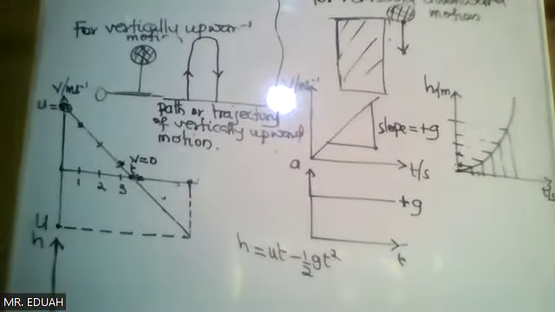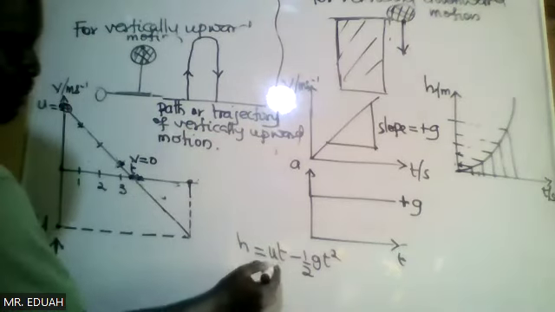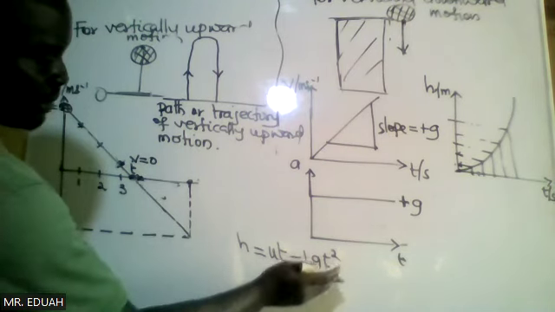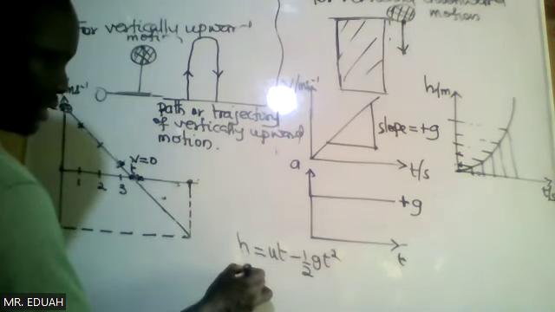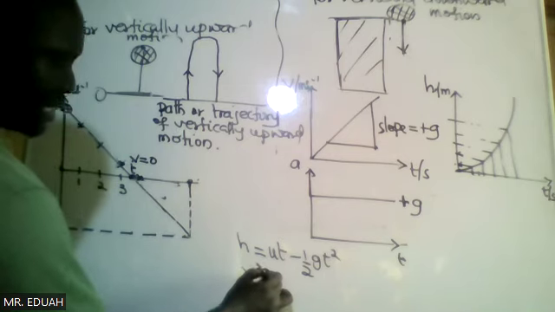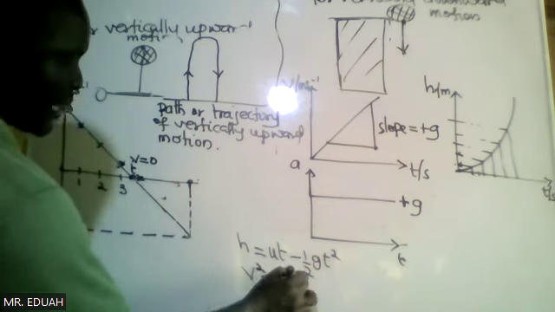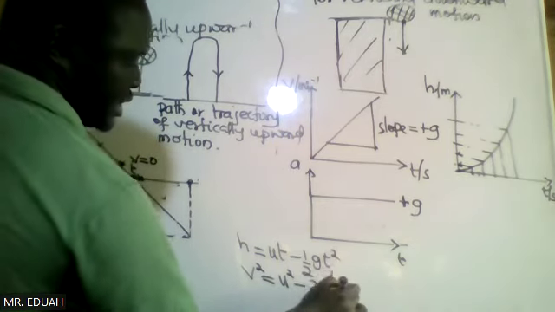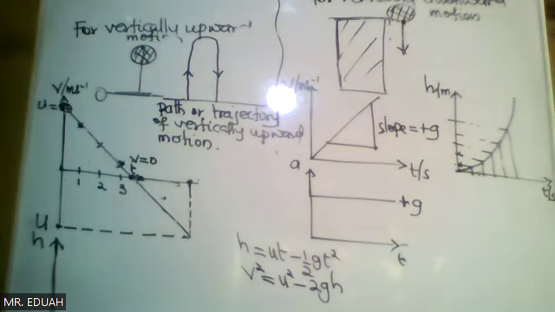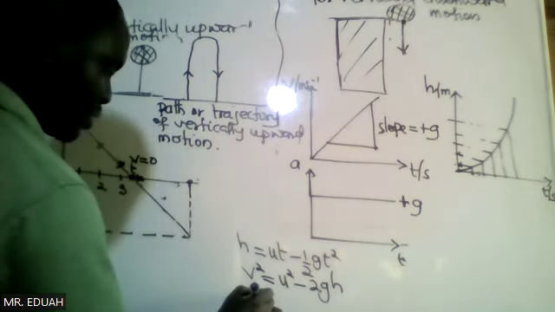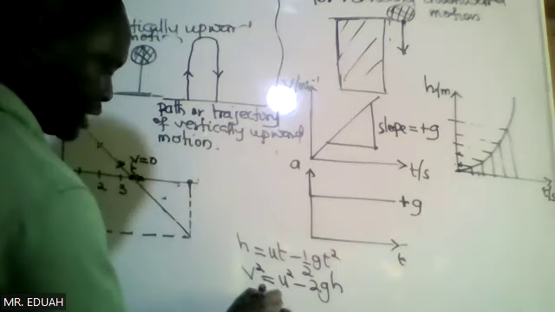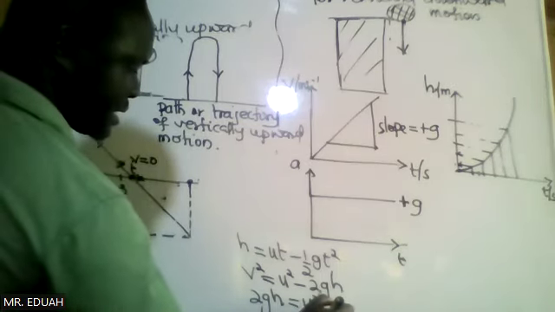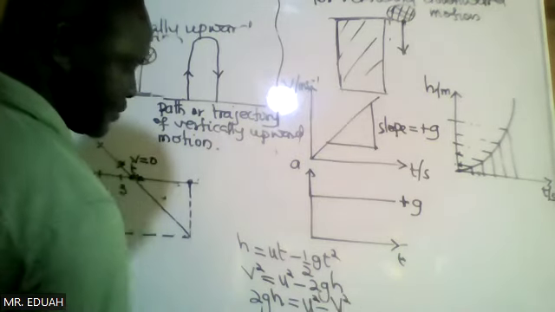So we are looking at still, when it's going up, u is not 0. So the vertical height equation can be this, or can also be v squared is equal to u squared minus 2gh. So that when we make h the subject, we have 2gh equal to u squared minus v squared.